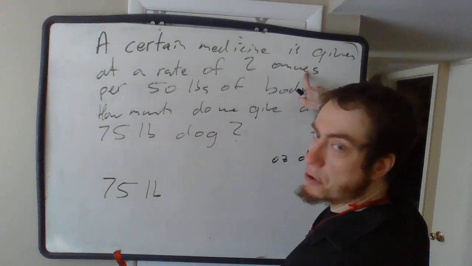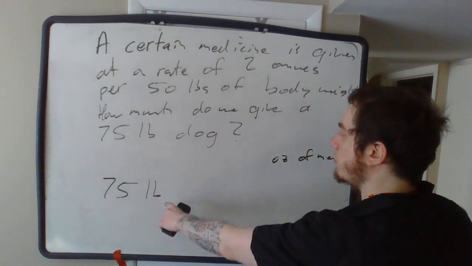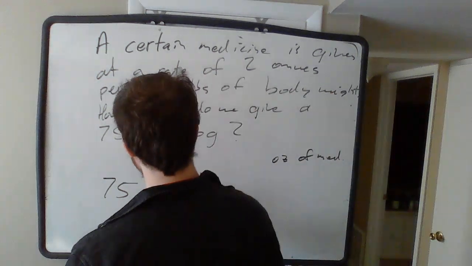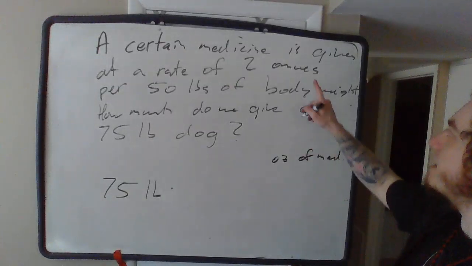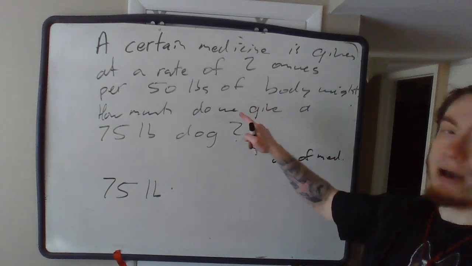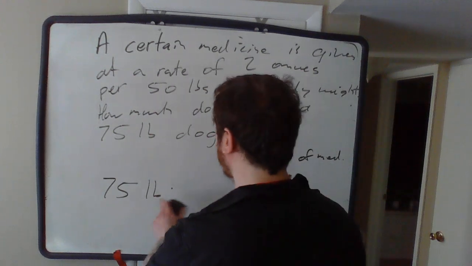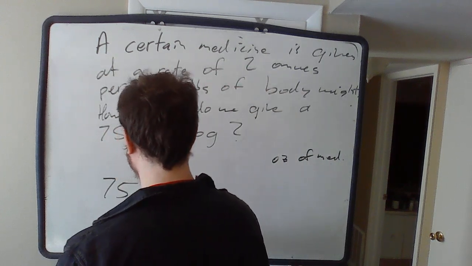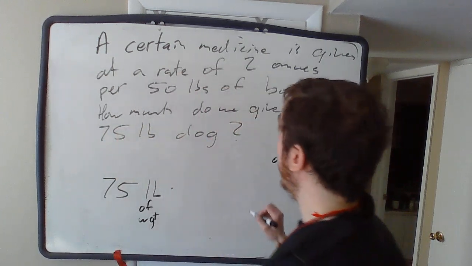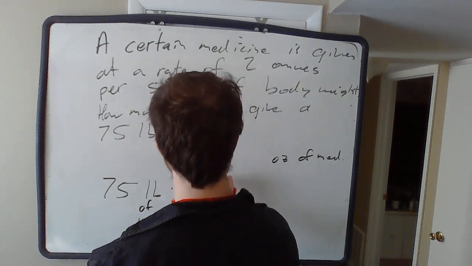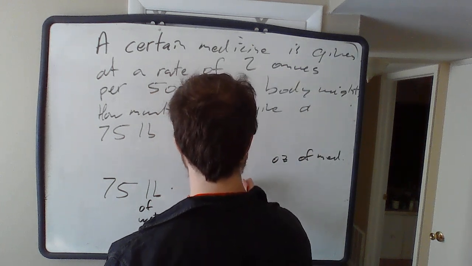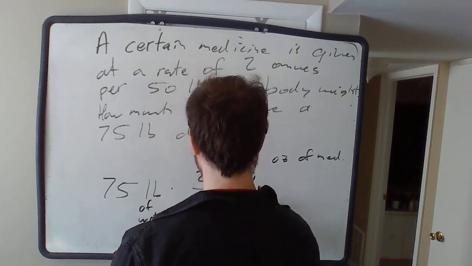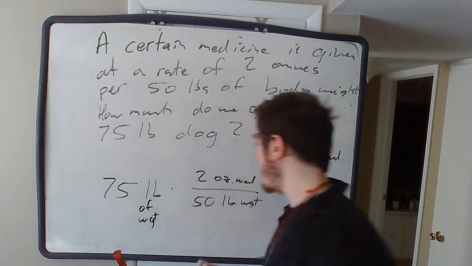So we want to end with ounces of medicine. So we have 75 pounds of body weight. We want to multiply that by the ounces per pound of body weight to cancel out the pounds of weight. And so we're going to multiply by 2 ounces of medicine per 50 pounds of body weight.